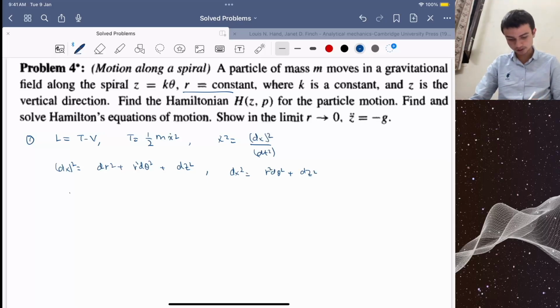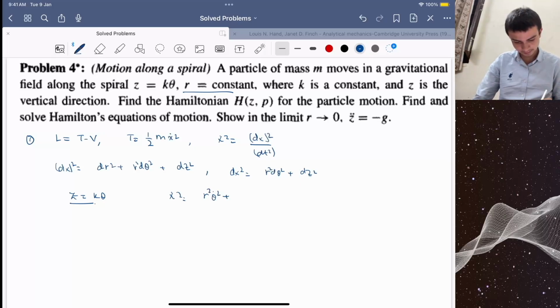First, let's get x dot squared. That will be r squared theta dot squared plus z dot squared.